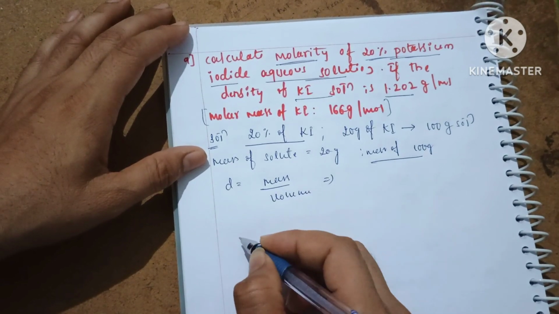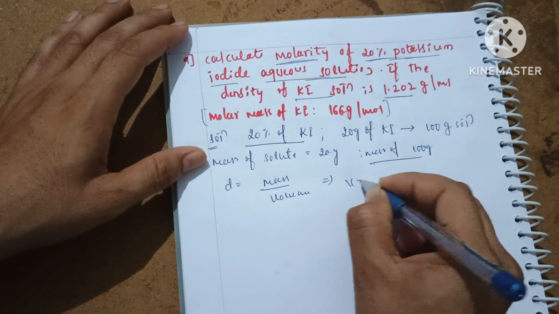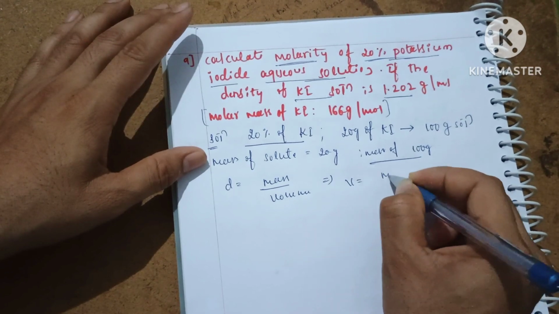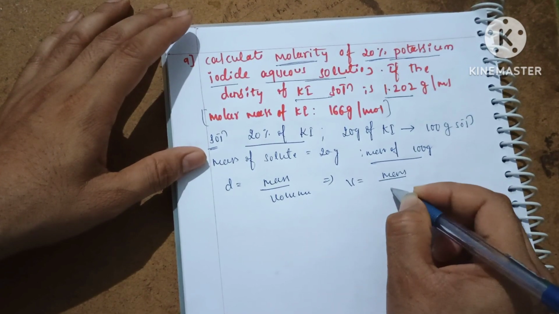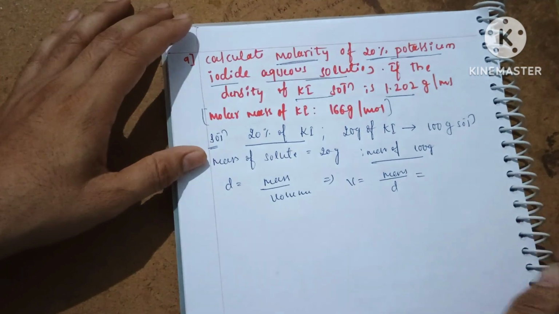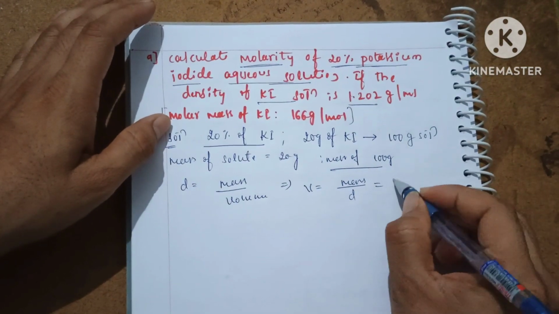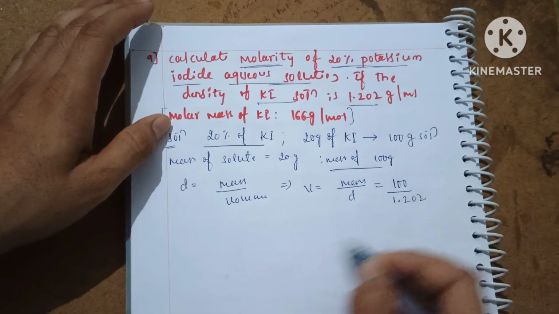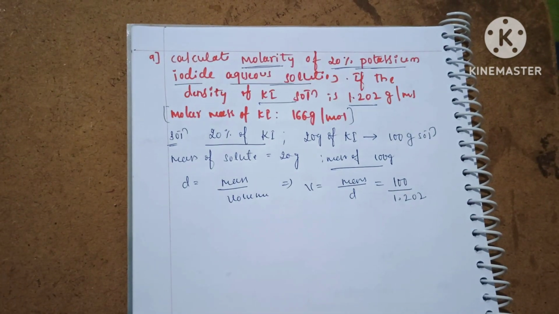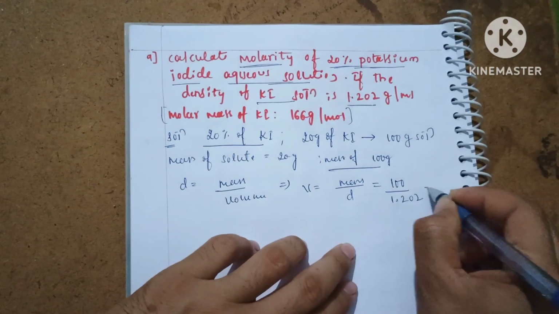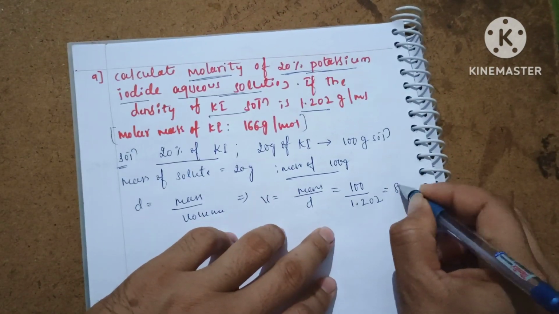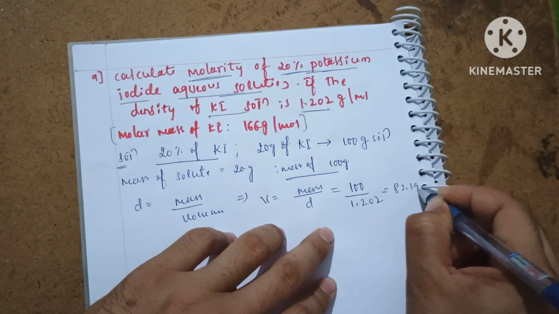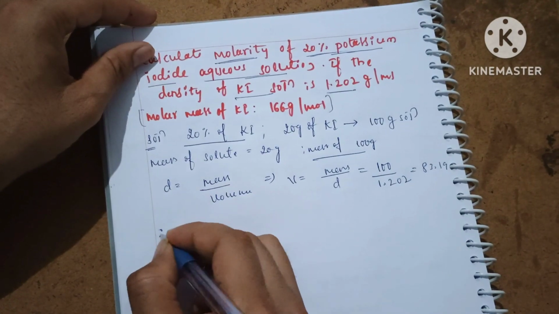But what we want is volume, so volume V is equal to mass by density. Mass is 100 gram of solution, and density is 1.202. The answer is 83.19.